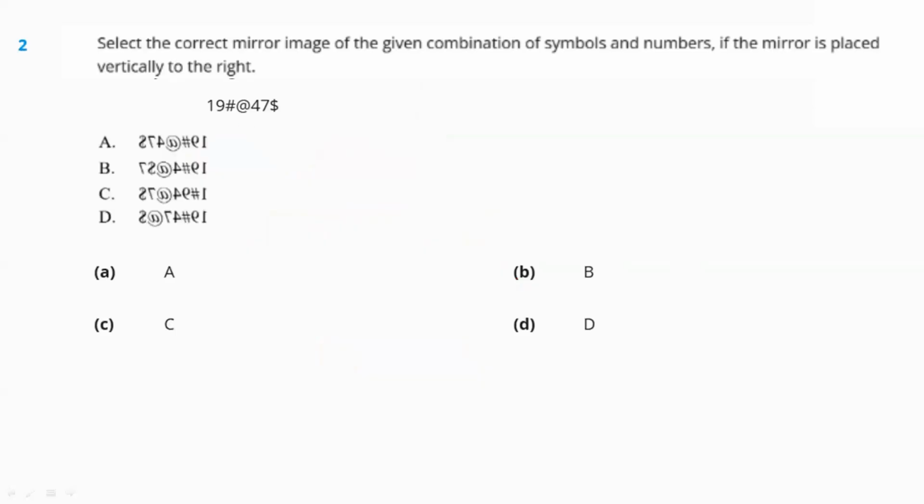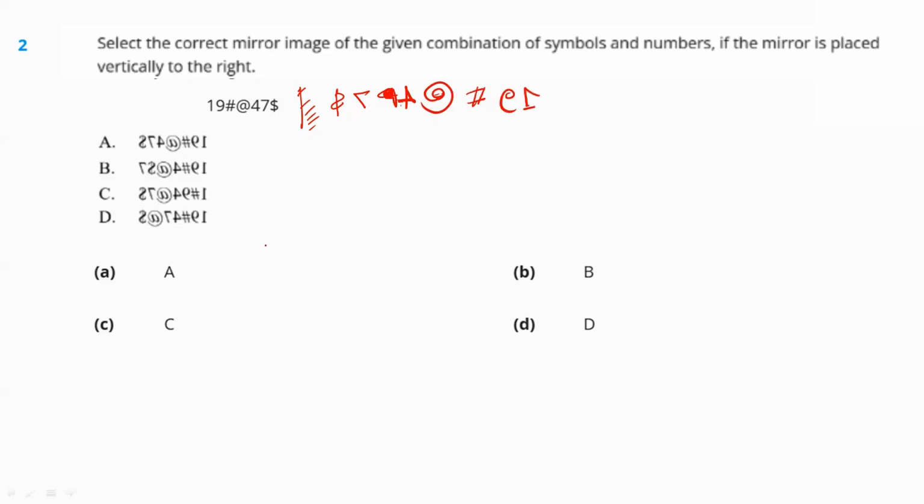Select the correct mirror image of the given combination of symbols and numbers. The mirror is placed vertically to the right. If it is placed in this way, then we will be able to notice this 4, then the red sign will be something like this, then hash, then 9, then 1.